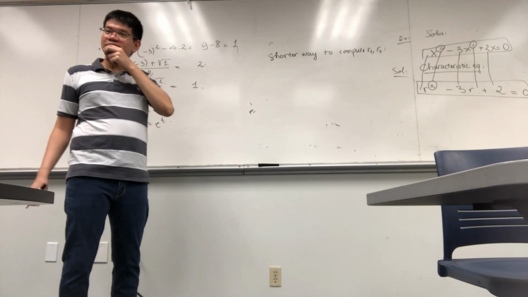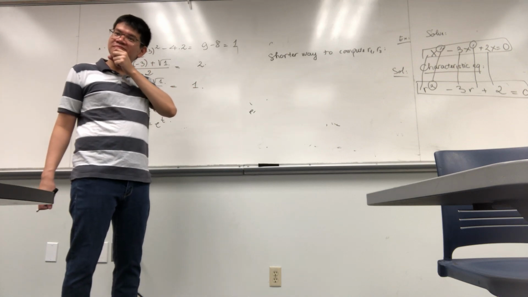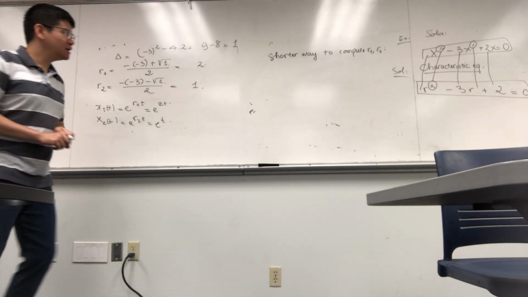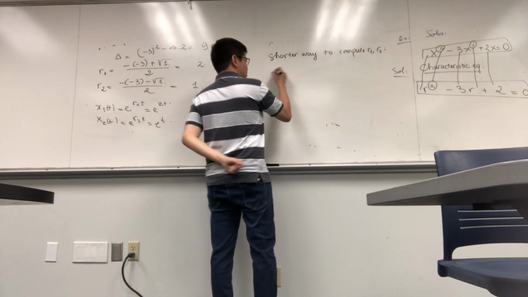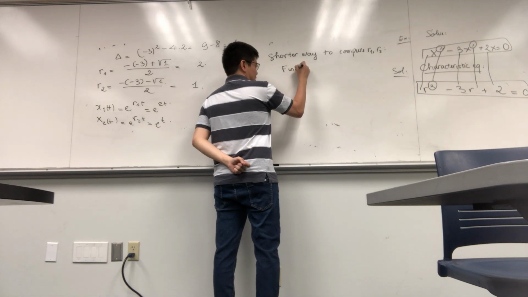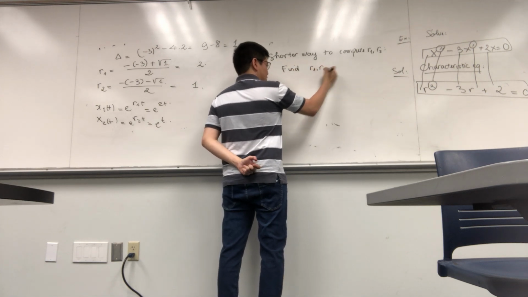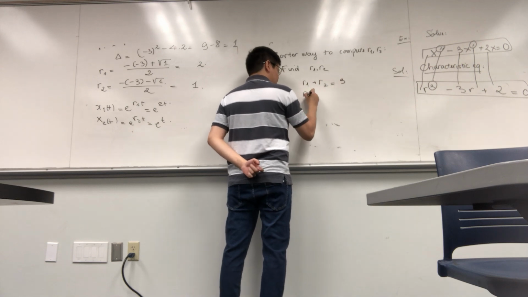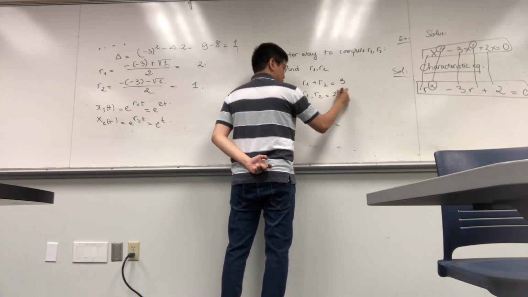We find two numbers whose sum is negative of negative 3 and whose product is 2. So you find R1 and R2 such that R1 plus R2 is 3, and R1 times R2 is 2.